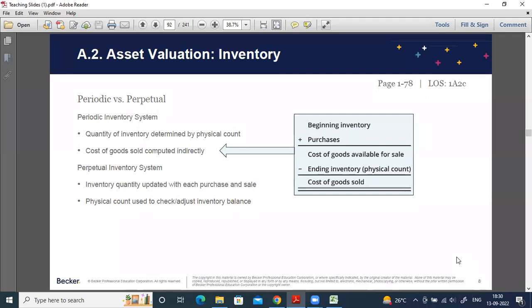But here you need to understand how exactly we'll get cost of goods sold. We'll be taking the opening inventory. To that particular opening inventory, we'll add the purchases, then we'll get cost of goods available for sale, and from that, when you deduct the closing inventory, then we'll be getting the cost of goods sold.